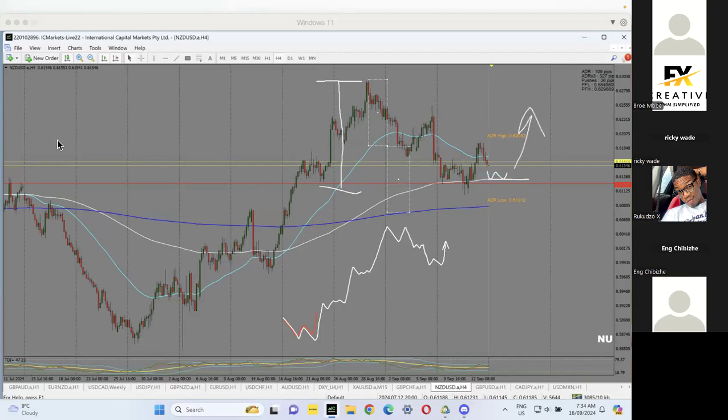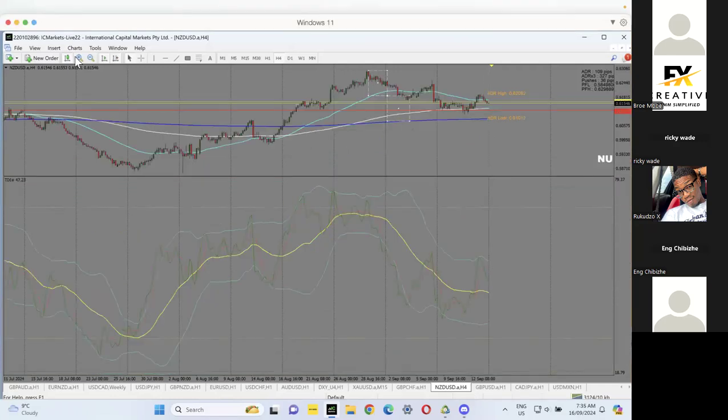Hold on a second. Let's see what our TDI is saying. If you look at our TDI, where we are sitting now, we are pretty much very close to the MBL there.